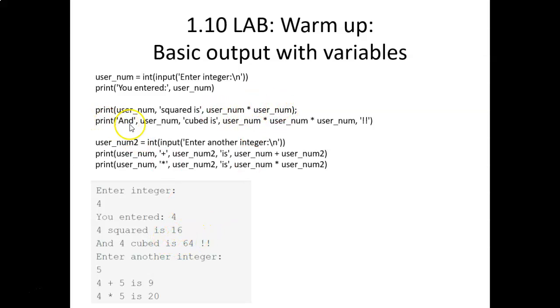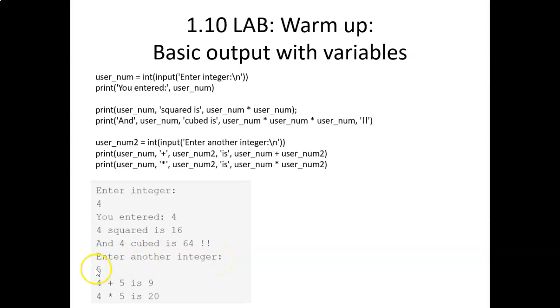Then here we are, and user num, which is 4 that we got here, "cubed is," that's where this string comes from, and then 64 is the result. We're going to actually print the result user num times user num times user num. Then we ask the user to enter another integer. That's this statement here.